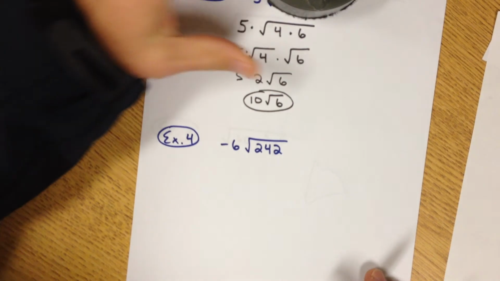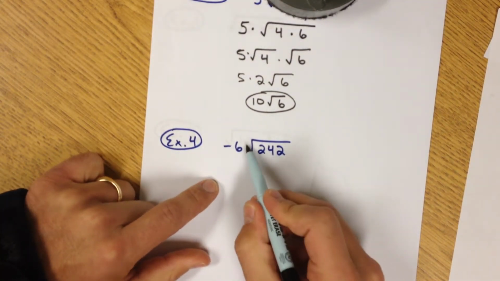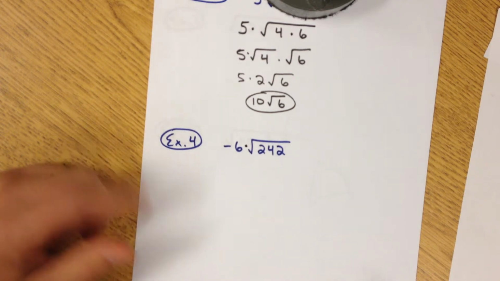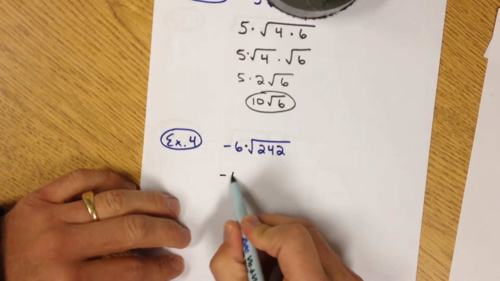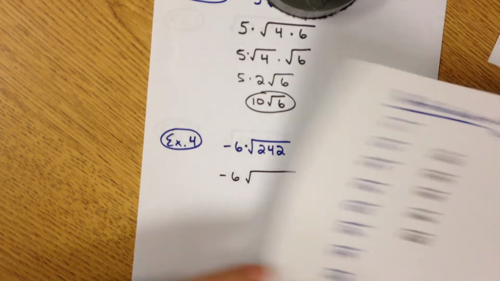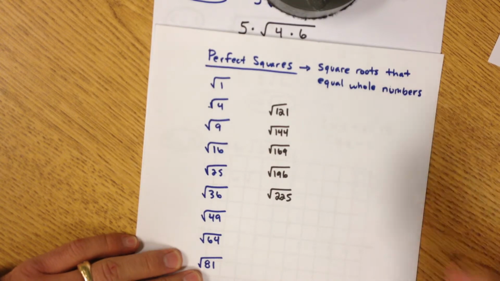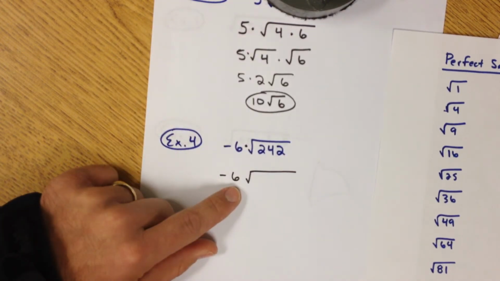Okay, need a little more room here. Again, this is just negative 6 times radical 242. Look at my list, and 121 times 2 gives me 242.